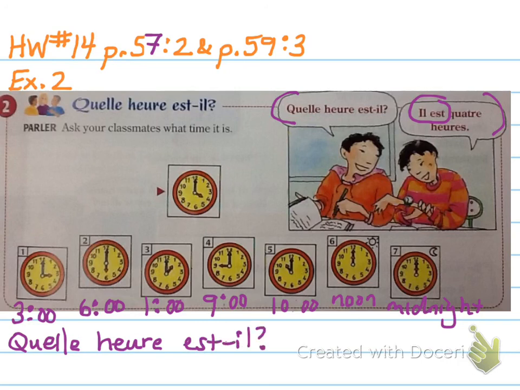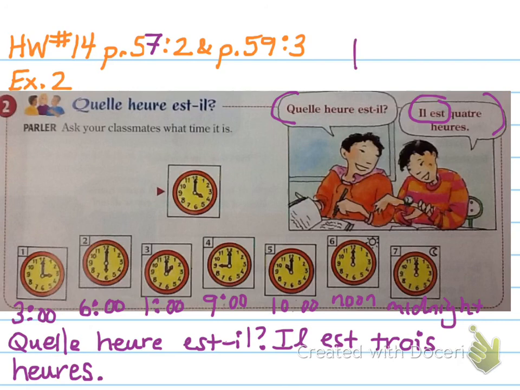And then you're going to write the time, so il est. I'd like you to write out the words for the numbers so that you get some practice with spelling them. Il est 3 heures. And remember, heure is going to have an S on it. The only time it won't have its S is at 1 o'clock. So you're going to write out the question and the answer like this for the 7 of them.